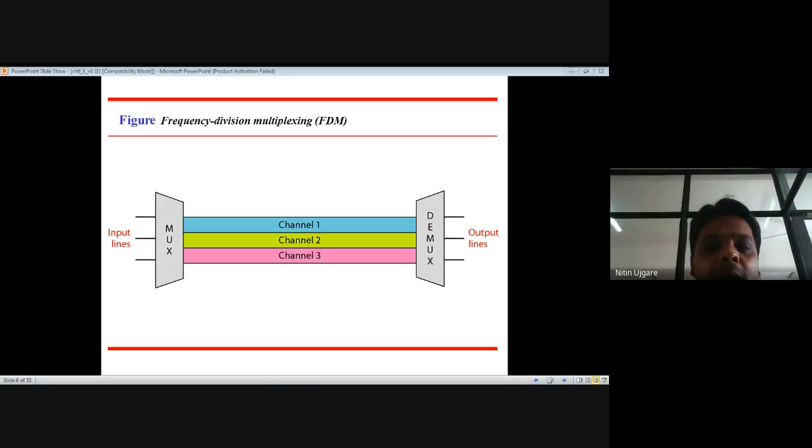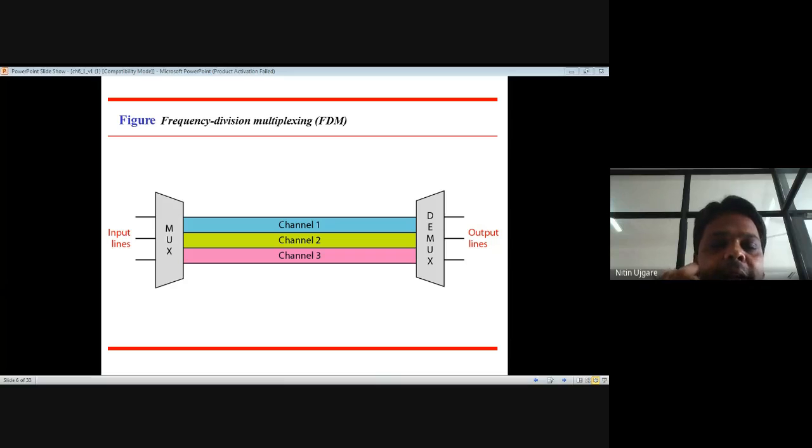On the receiving end, that stream is fed into a demultiplexer. What is the role of the demultiplexer? The demultiplexer separates the stream back into its component transmissions, that is, from one to many, and directs them to their corresponding lines.